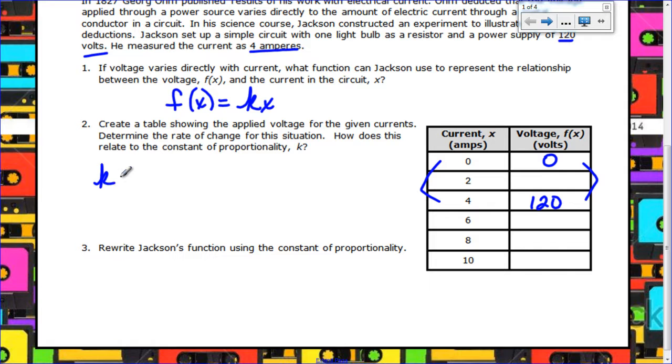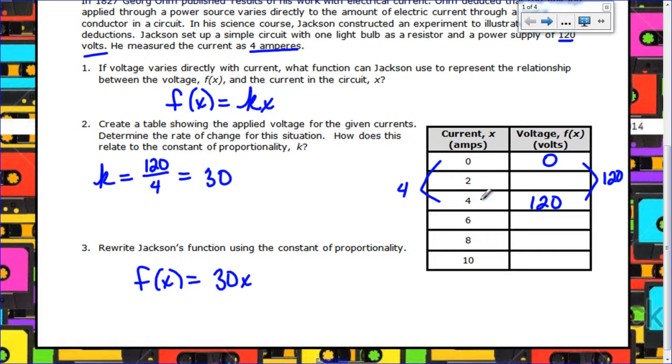So k is going to be, the change in my y values is 120, the change in my x values is 4. And so the change in y over change in x is 120 over 4, which is equal to 30. So I'm going to use that to rewrite Jackson's function right here as f of x is equal to 30x.